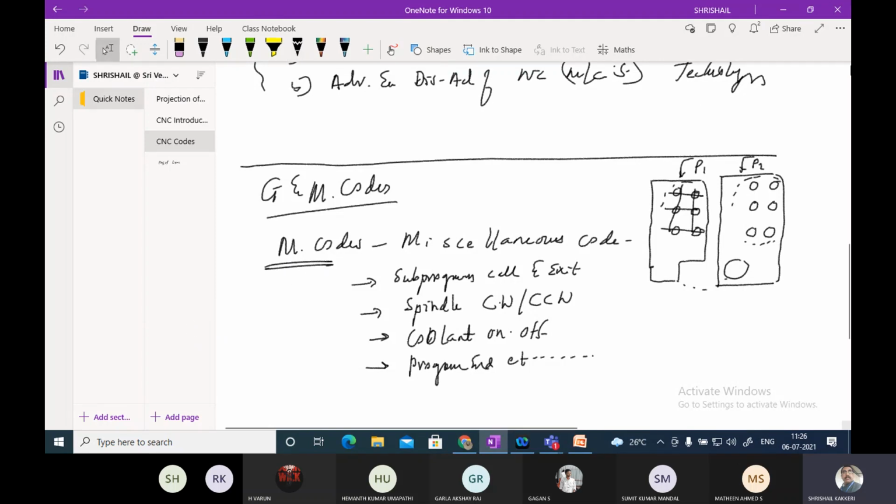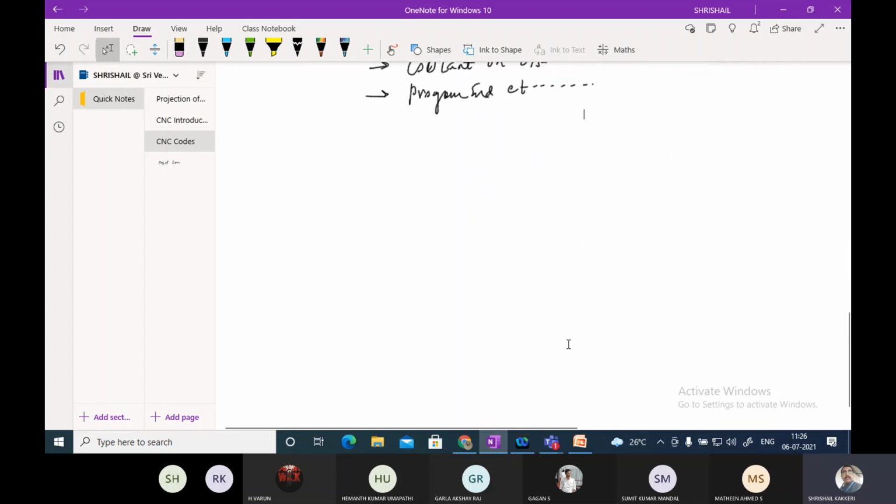Let me study the M codes later on, and let me come to the G codes. The G codes are very important, and these will instruct the tool movement.